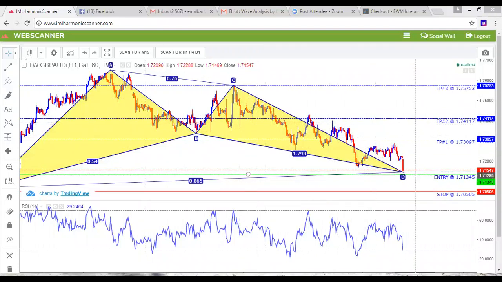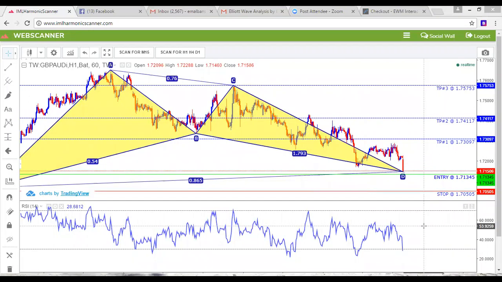Buy limit at 1.7134. Stop loss 1.7050. Take profit 1, 2, and 3.